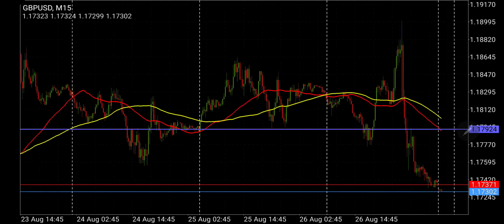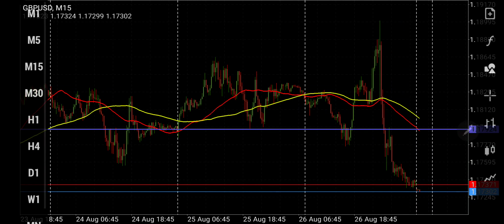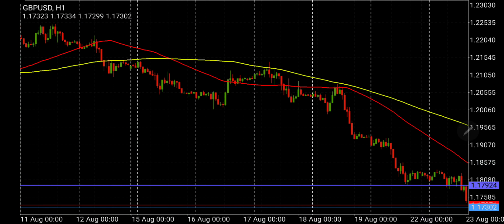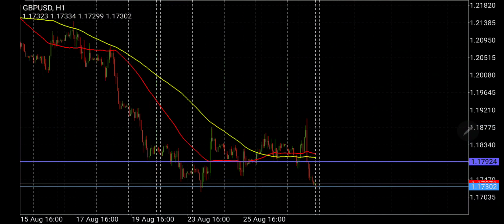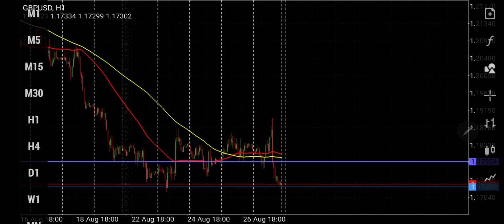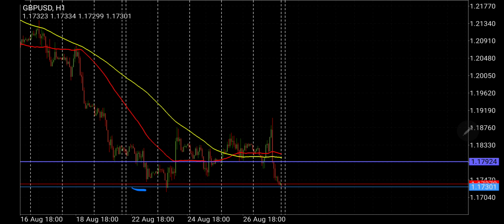For this week, I am looking at some trading opportunities here because the market is in a range. Let me just mark up for you guys what I am seeing here. I'm seeing a trading opportunity here, some buys actually. So the market is at this week's low here.